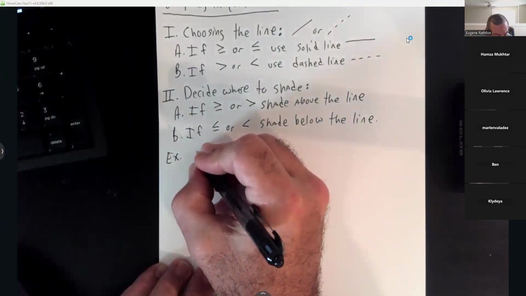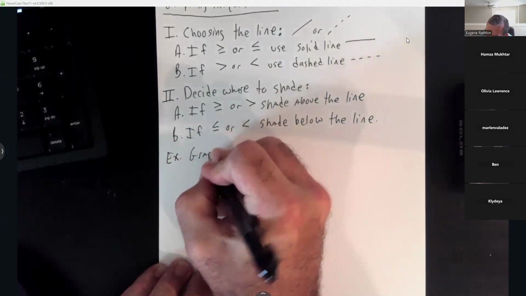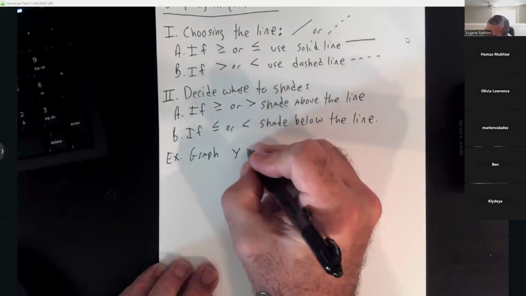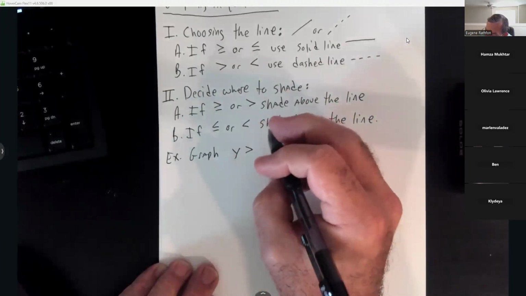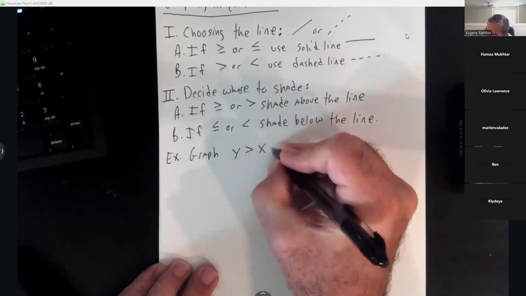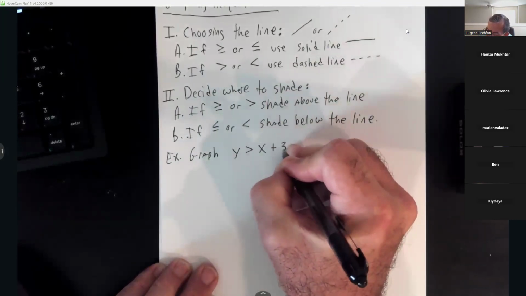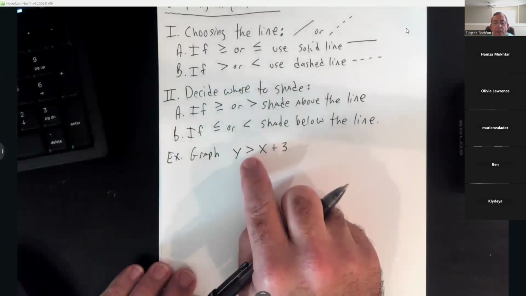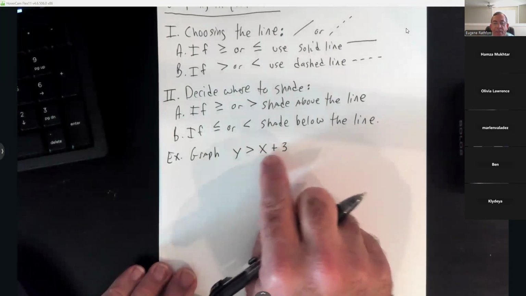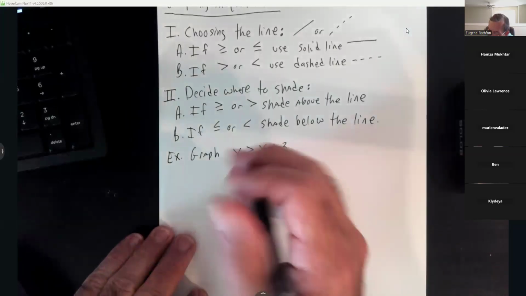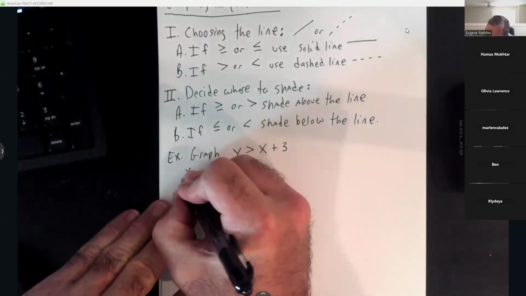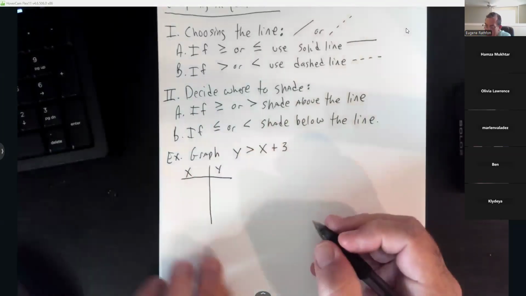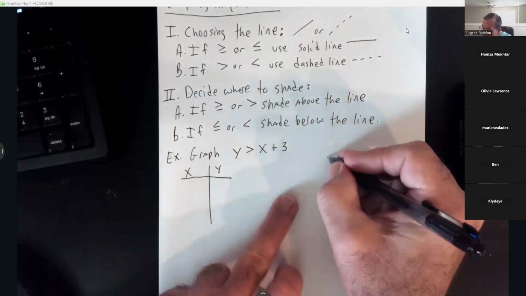Graph y is greater than x plus 3. I've got my equation set and it's already solved for y. So I'll make a table, and then we'll graph that over here.